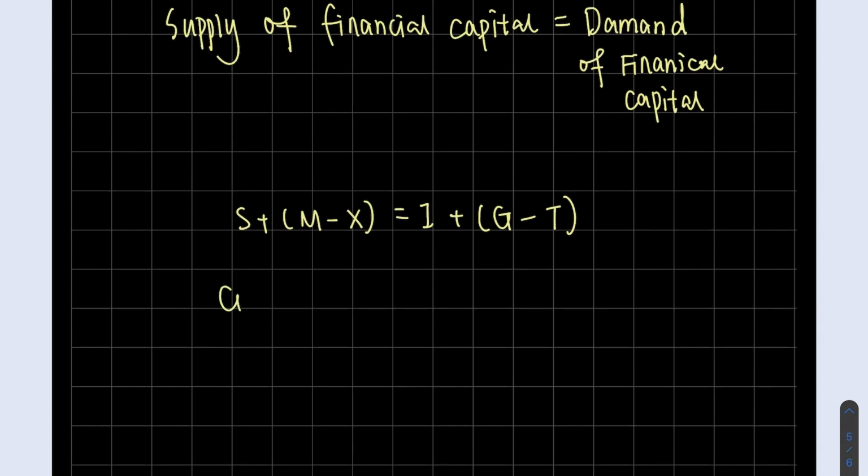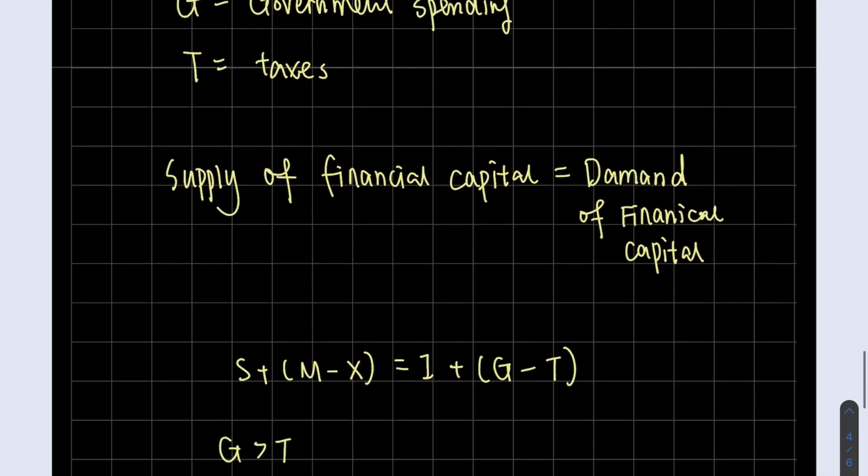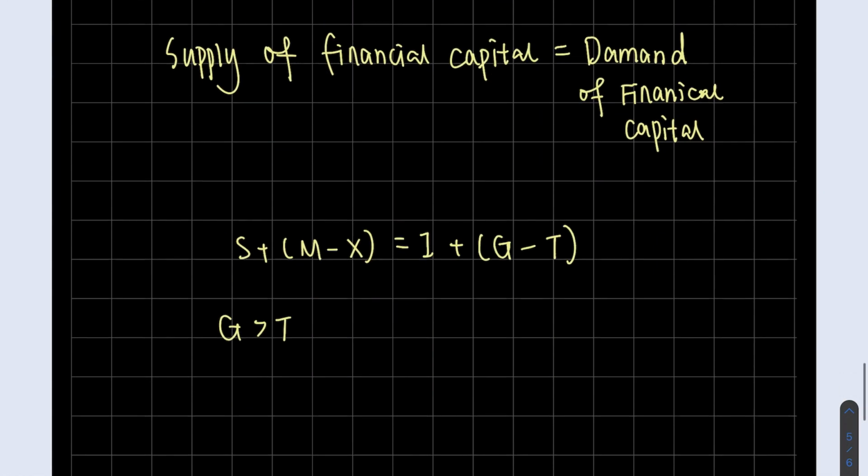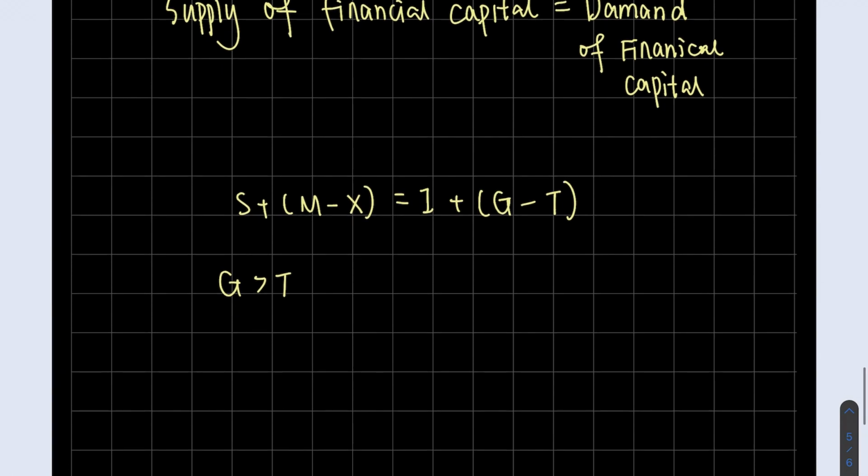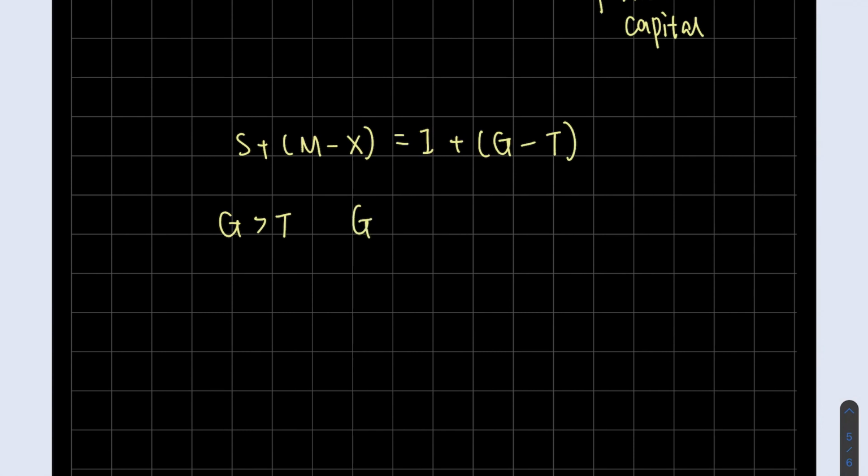If G is greater than T, which means the government spends more than taxes collected, then the government would be a demander of financial capital. Conversely, if the taxes collected are more than the government spending, then the government would contribute as a supplier of financial capital.